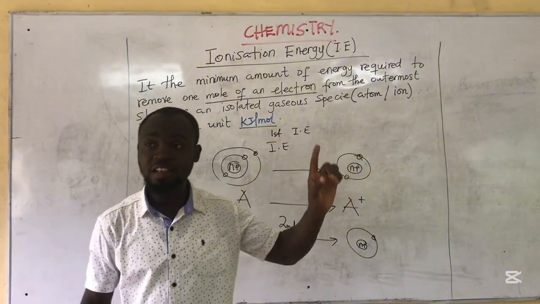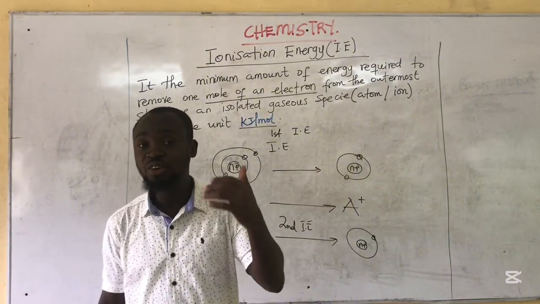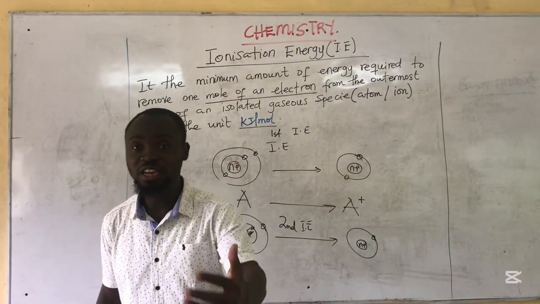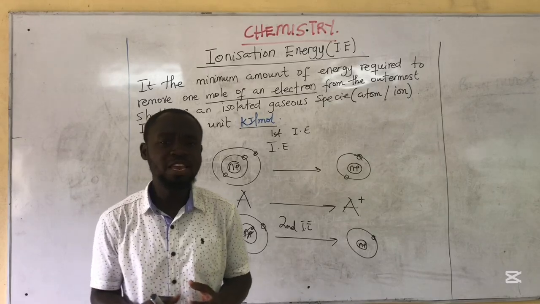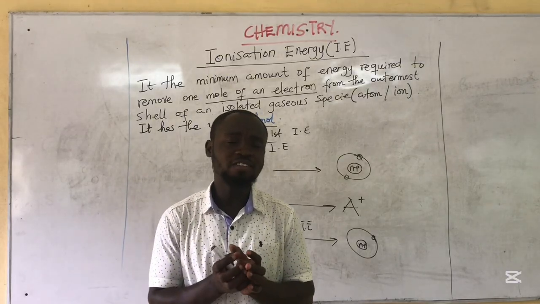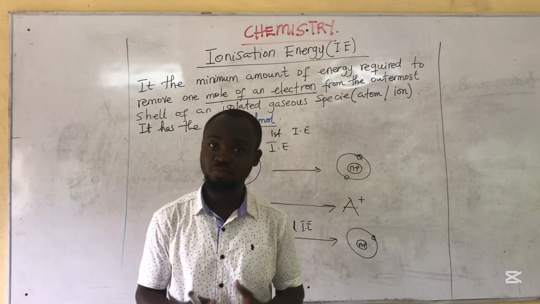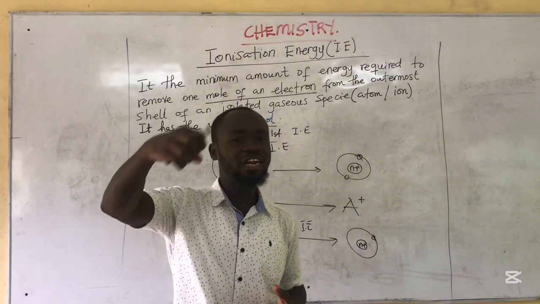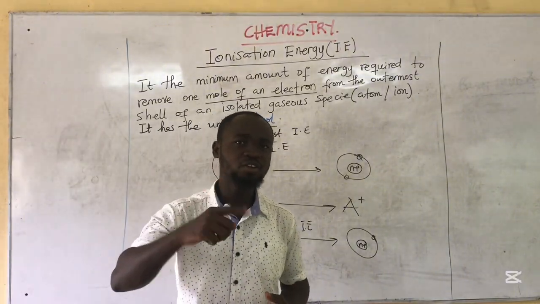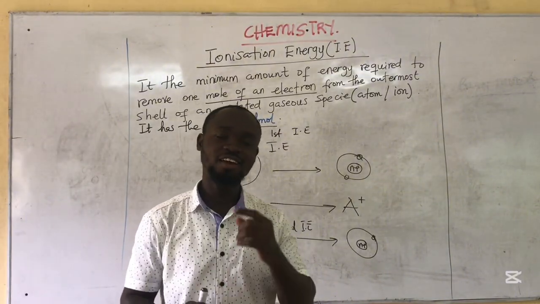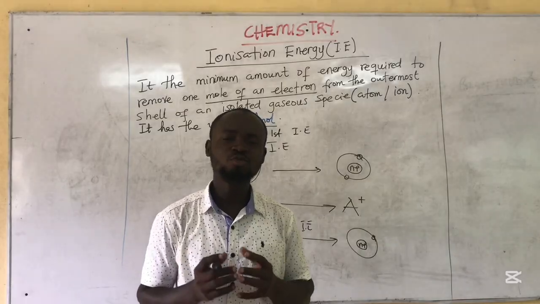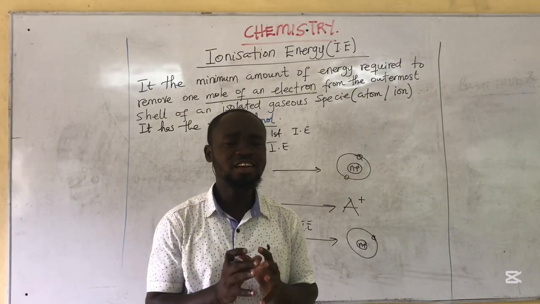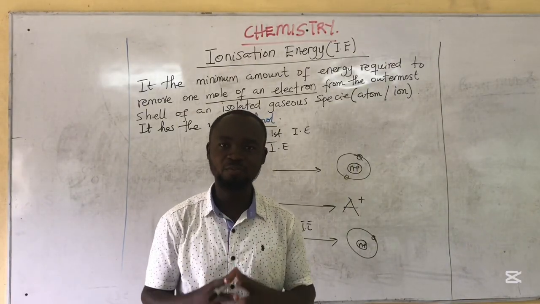In our previous lesson, I explained the concept of nuclear charge, effective nuclear charge. It means that the protons have a certain attraction for all the electrons. So if you want to remove an electron, you need to overcome a certain attraction. So there are certain factors that can influence ionization energy.